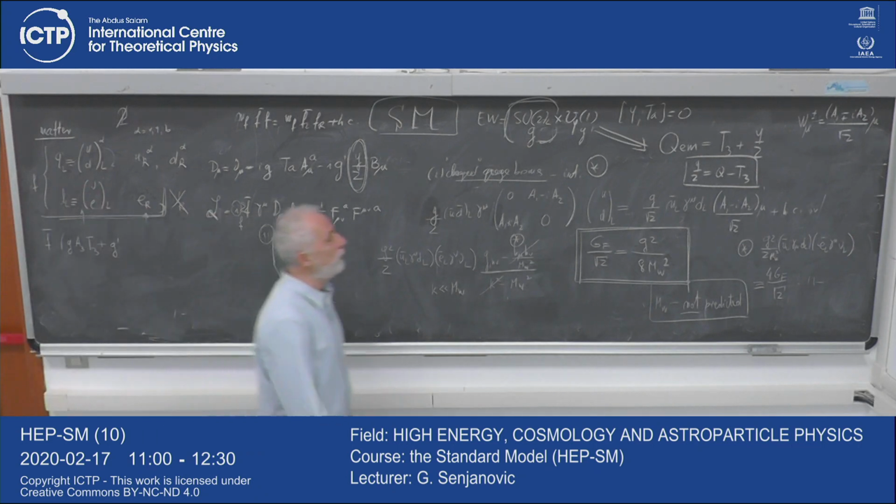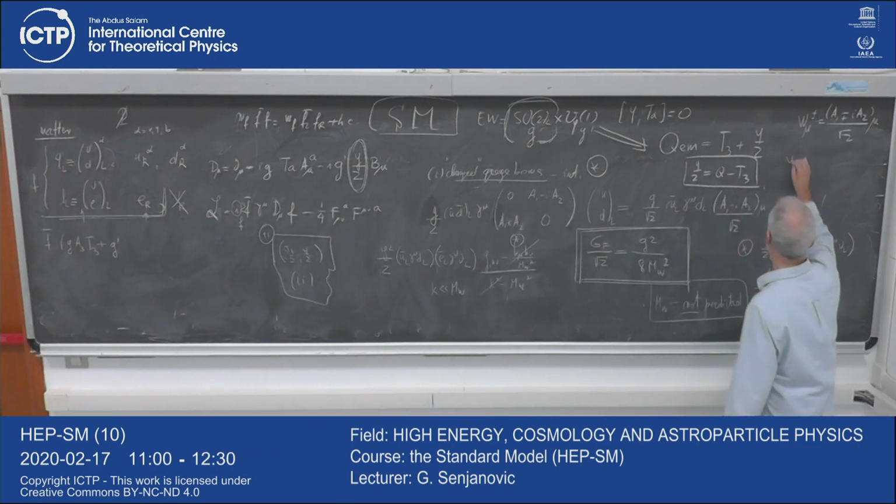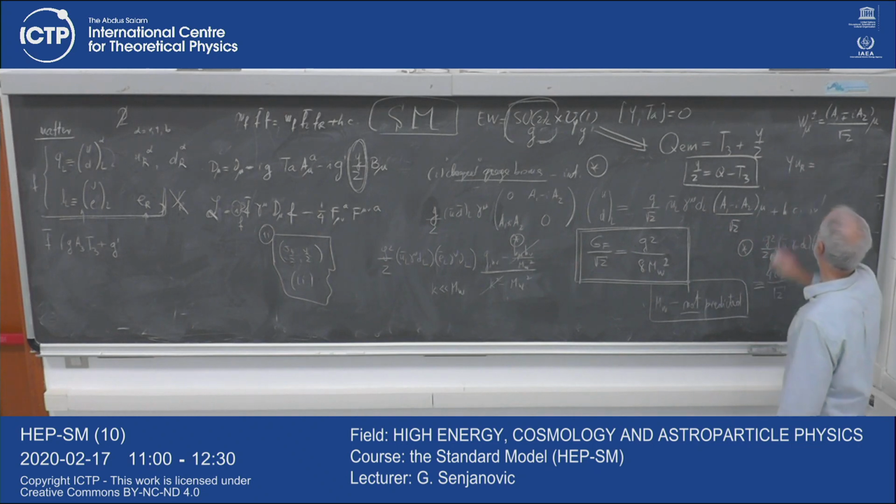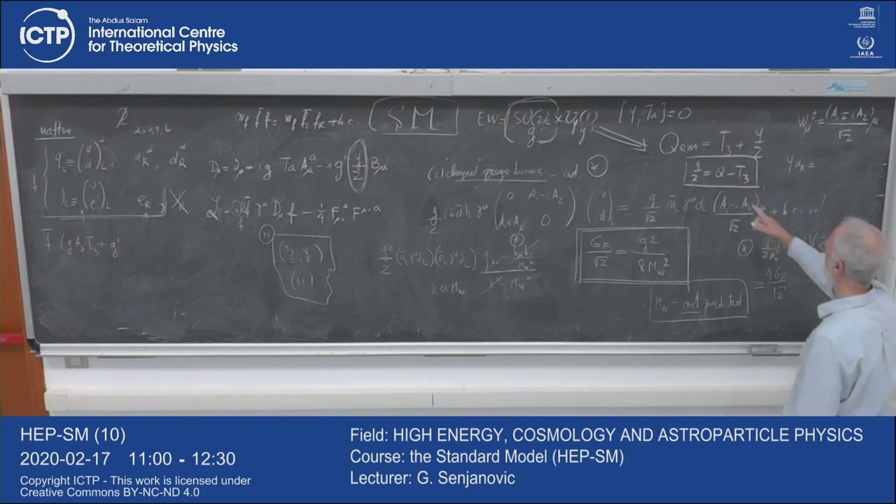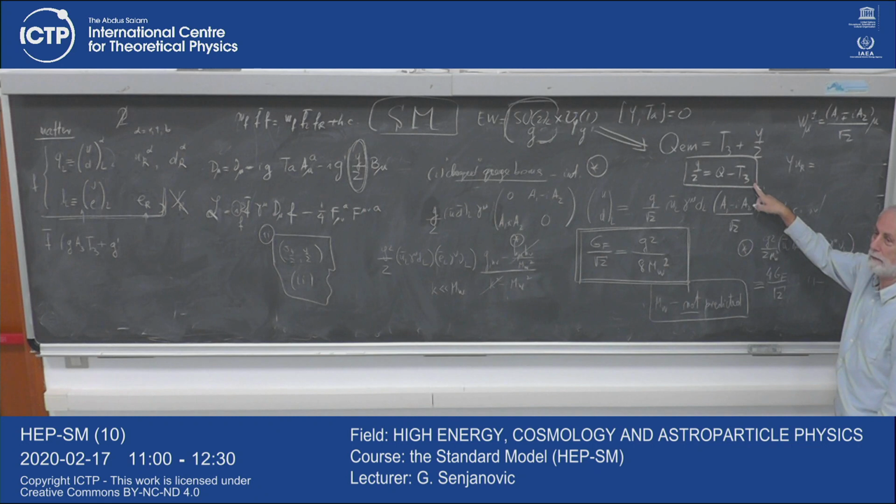So, for example, if I ask you what is the hypercharge of the UR, right-handed quark? Electrical charge minus... T3 is 0. So it's just 4/3. It's twice the charge.